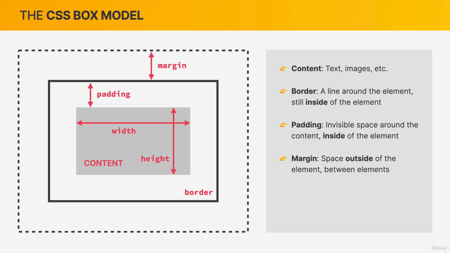So again, padding is empty space that we can add inside of any element. It will sit between the content itself and the border, which is basically the outermost part of the element. So the content, padding, and border all together are the visible part of the element as we can see it on the page. Then around all that, we can add some margin in order to create space between elements.